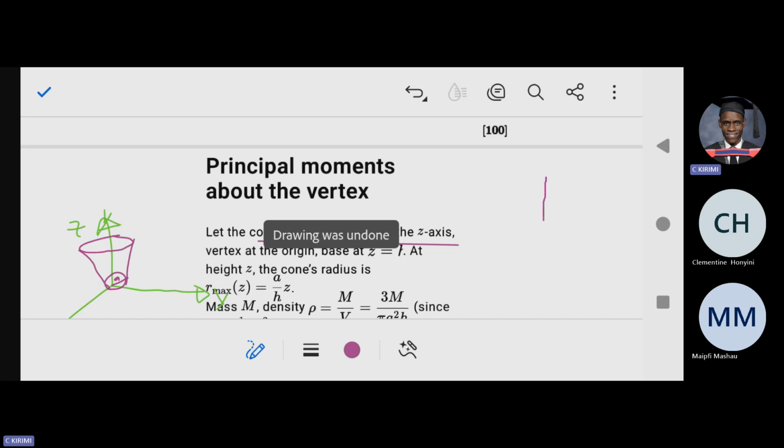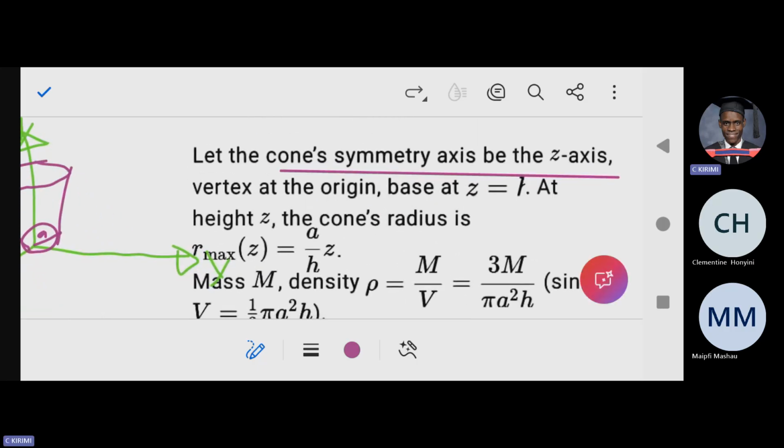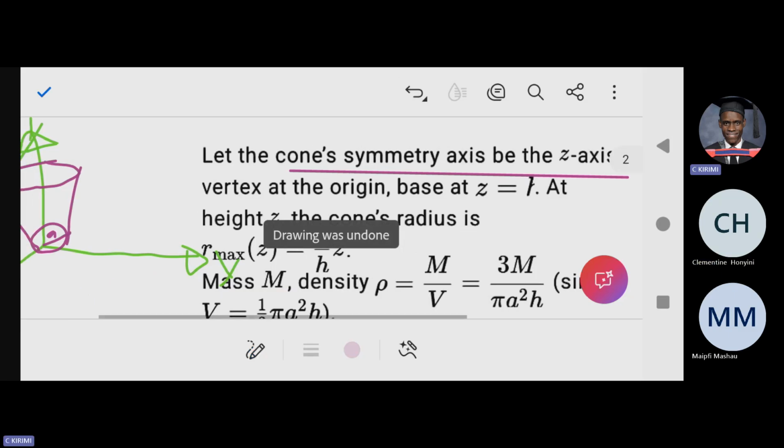All right, which implies the vertex is at the origin, I have put the vertex at the origin there, which means the base of the cone is at z equals h. Here, this is the base z.